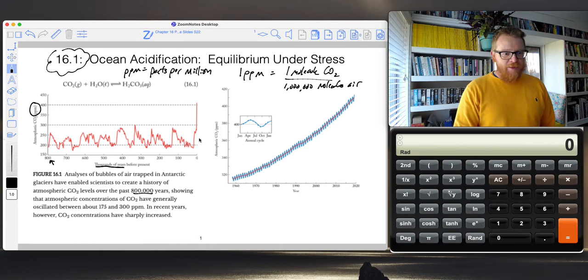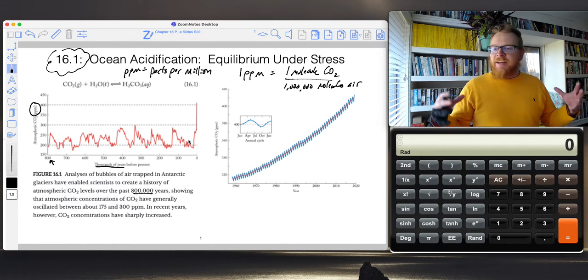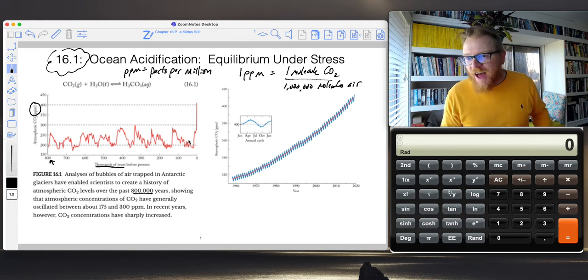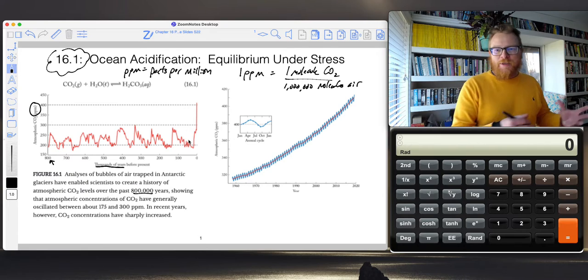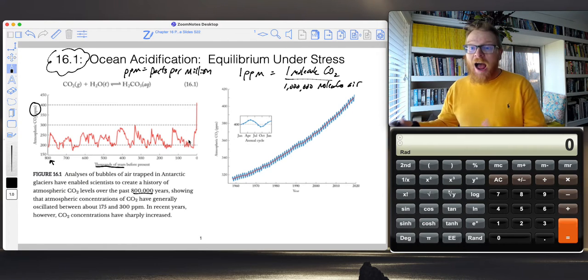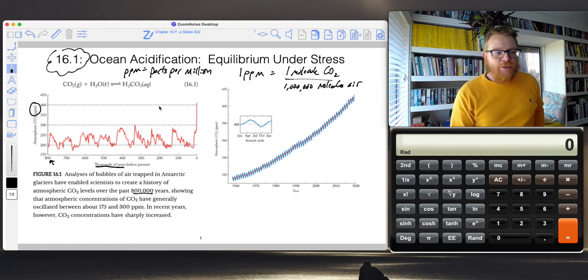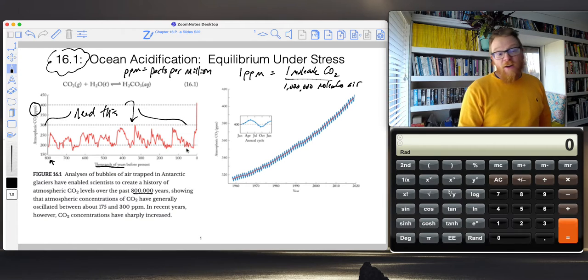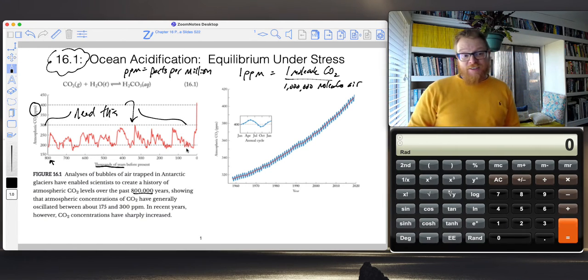And throughout history, CO2 has kept our planet at a nice, comfortable temperature, right? It's the Goldilocks planet. We don't want it to be too cold, but we don't want it to be too hot. We want it to be just right. So we actually need this. We need some amount of CO2 in our atmosphere to maintain this comfortable climate that we're used to, okay?